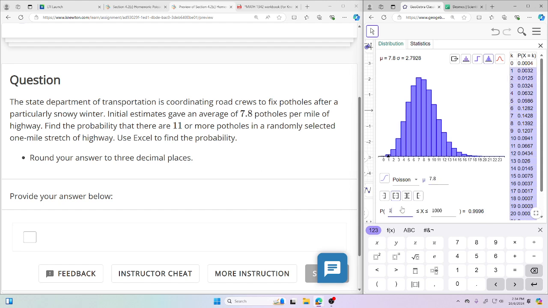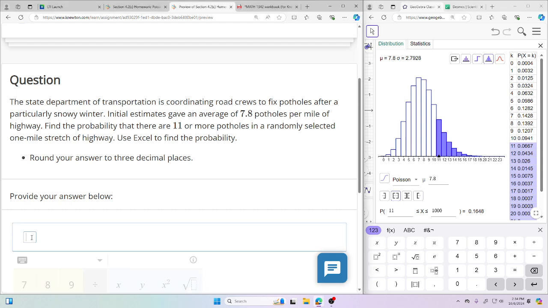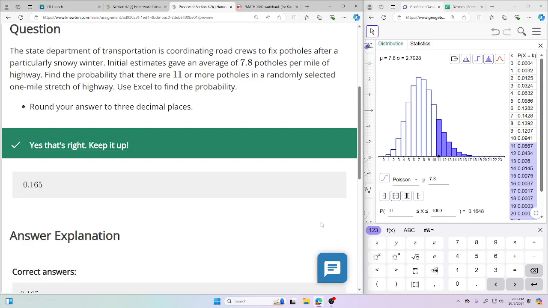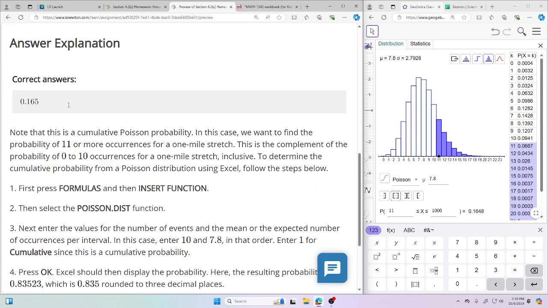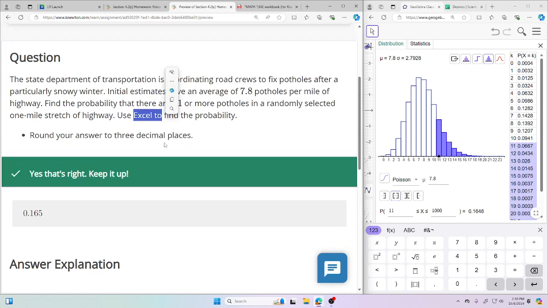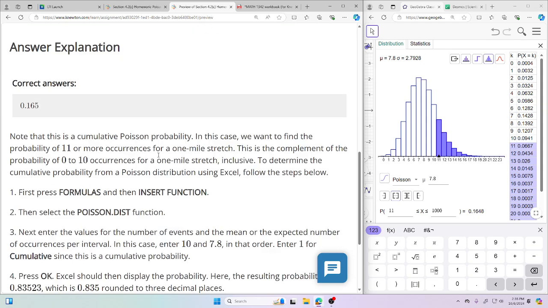And so we're going to do 11 potholes all the way to 1,000 potholes. And I got 1648. Fine. And so you can see it was even easier than the other stuff. I think they said use Excel, which again, that means GeoGebra to us. It makes it way faster.